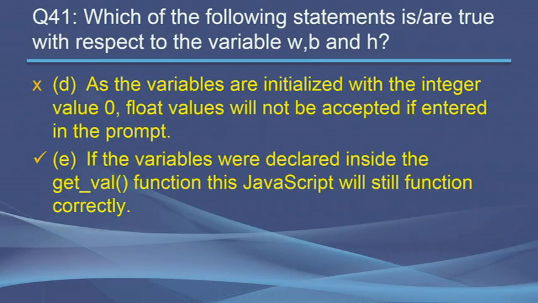And which of the following statements are true with respect to variables w, b and h again? Option D, as the variables are initialized with the integer value 0, float values will not be accepted if entered in the prompt.